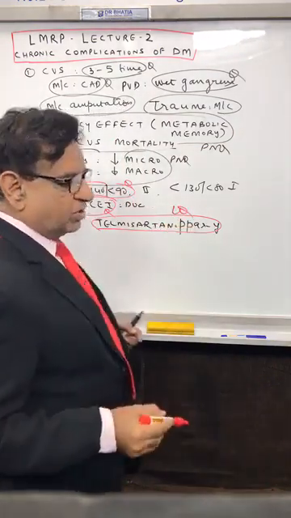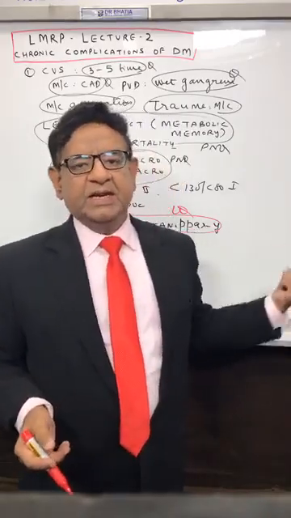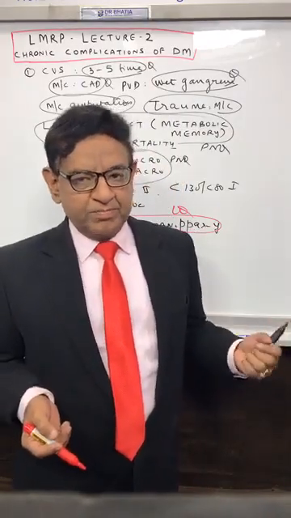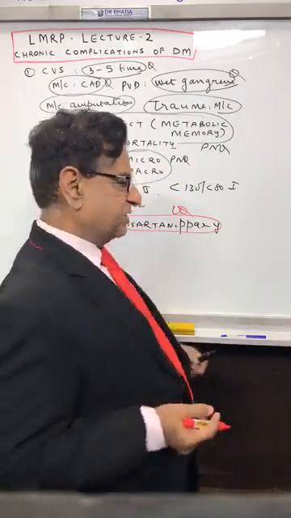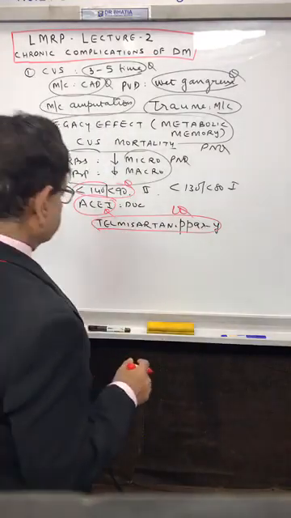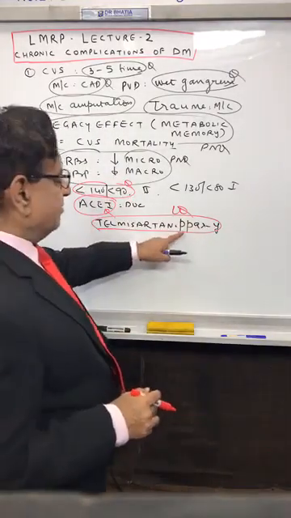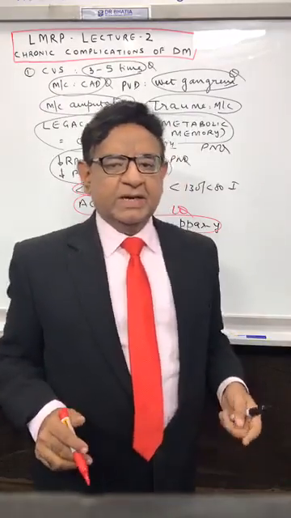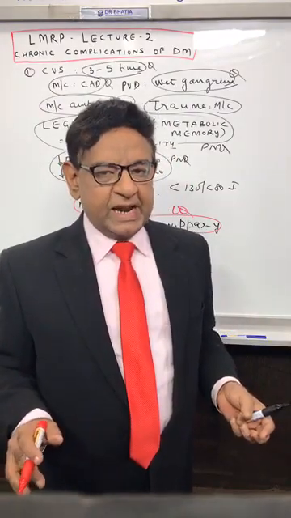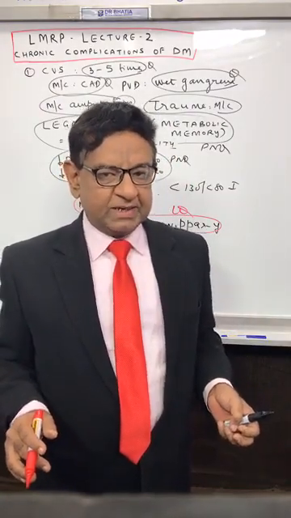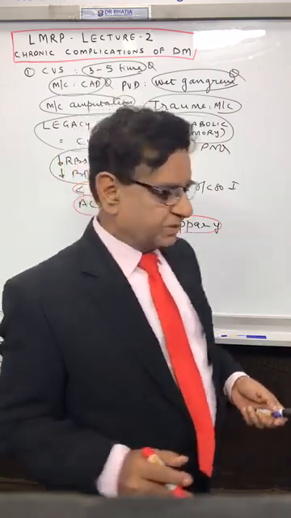Remember, it is not given in Harrison 19th edition. This question was taken from my book, Medicine Essence. It was there last year also, and it is there this year also. So telmisartan, and remember, in PPAR gamma receptor it was the glitazones, which are anti-diabetic drugs, that act, but telmisartan also acts on these receptors.